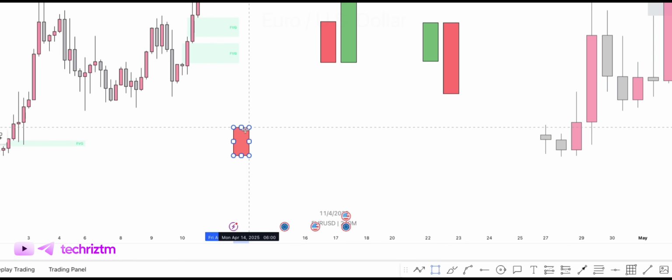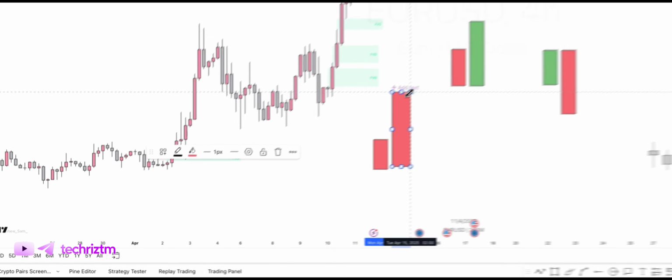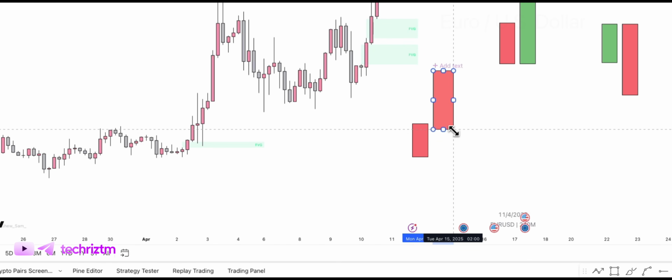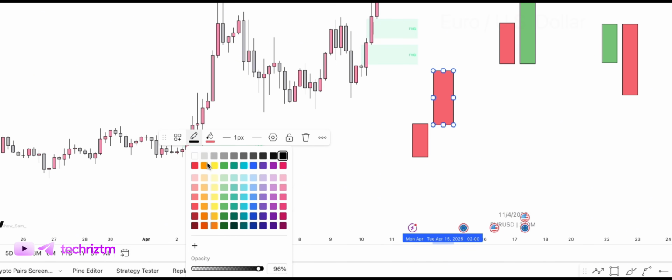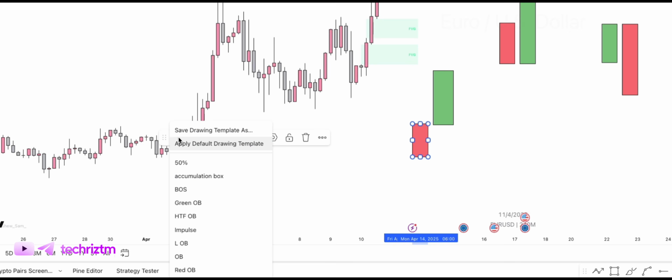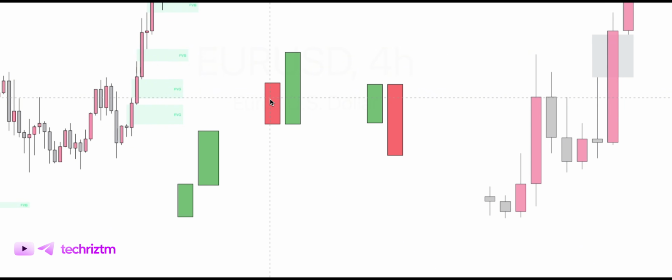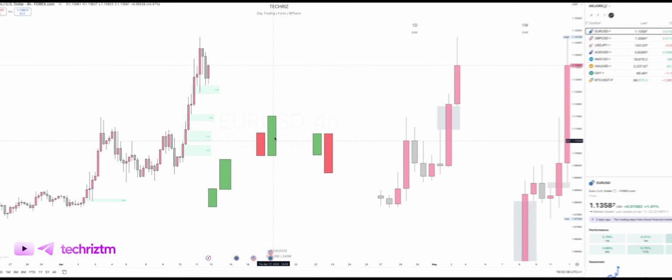We also have a bullish engulfing. This is the bearish engulfing.